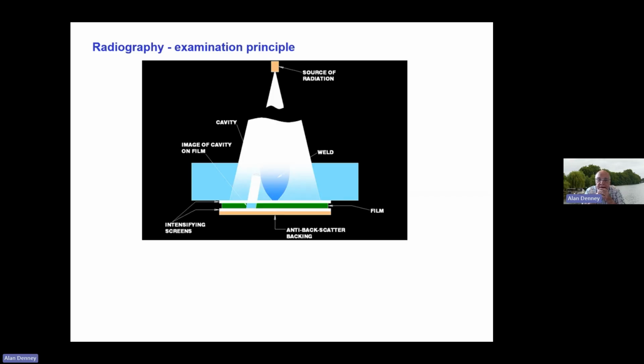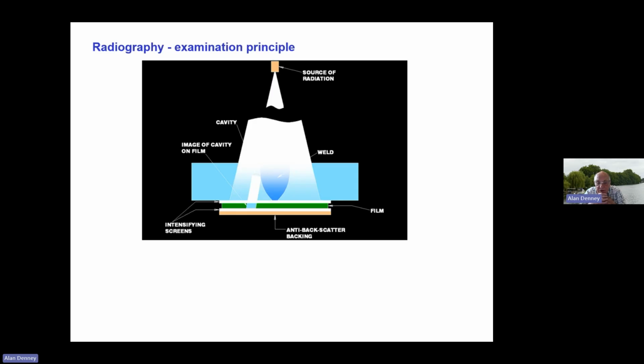Okay, and that beam is that white beam that you see there. You've got your weld there, which is shown in the darker blue in your piece of steel, which is shown in the light blue. And somewhere there, you've got a cavity, or you've got a defect or whatever.